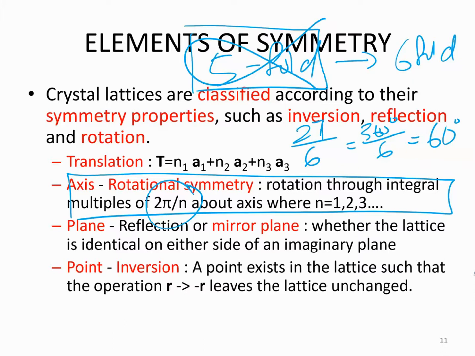I'm not going to show it here because this is more at the master level. For undergrad, you just need to remember that there are only 5 types of rotational symmetry: 1, 2, 3, 4, and 6. For the real crystal, there's no 5-fold, but for the pseudo crystal, yes, there is 5-fold.